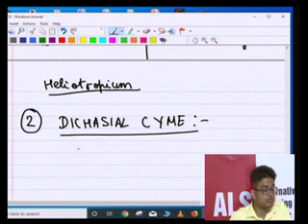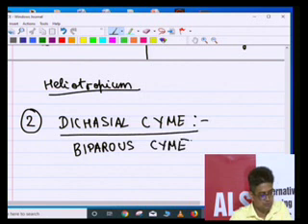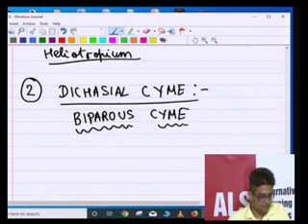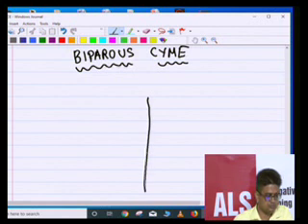Dichasial or biparous cyme. This is the oldest flower. Okay, maybe I should use a different color for the flower.